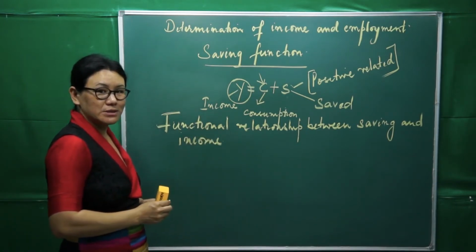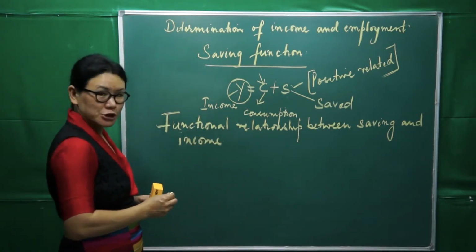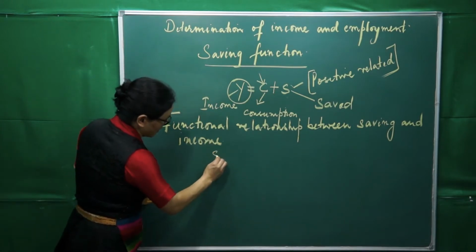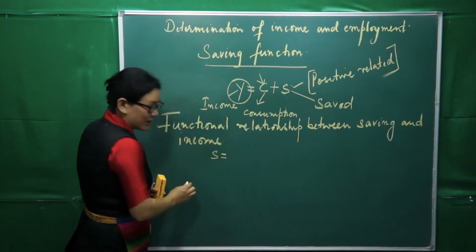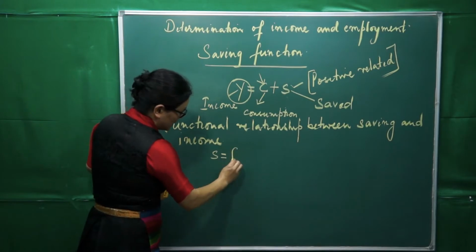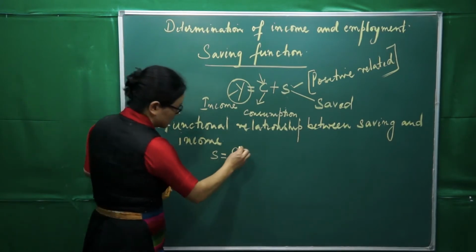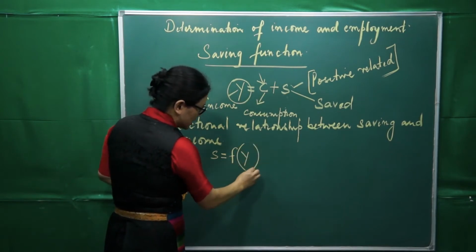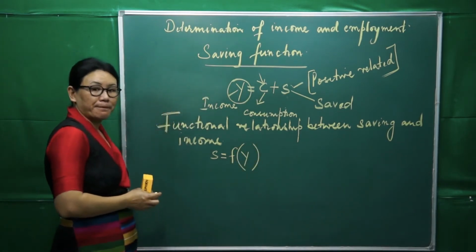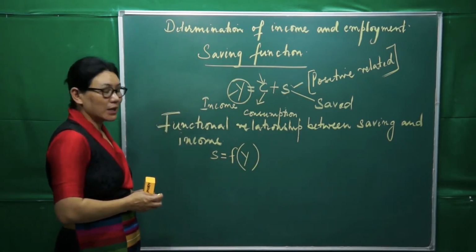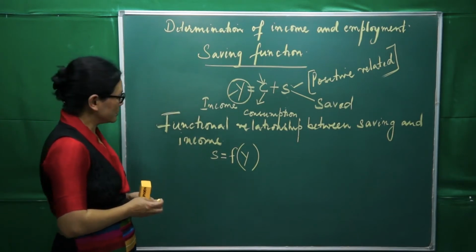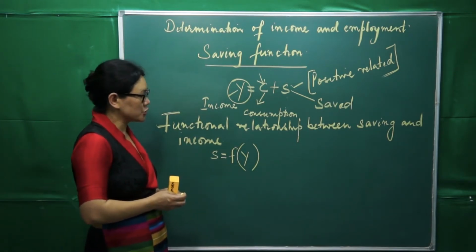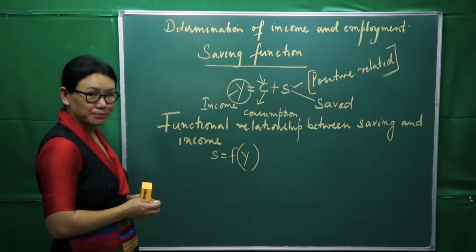When we write this saving function, we write it like this: saving is equal to function of income. So the saving function is the functional relationship between saving and income.